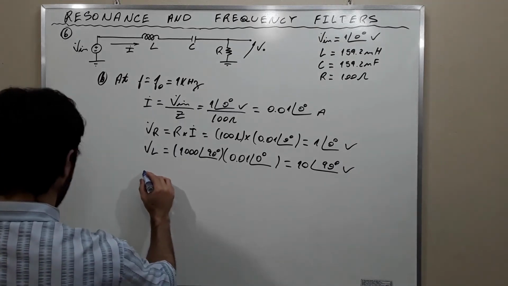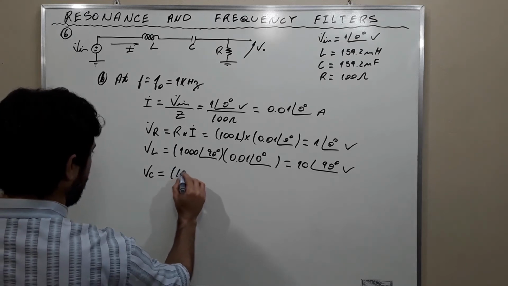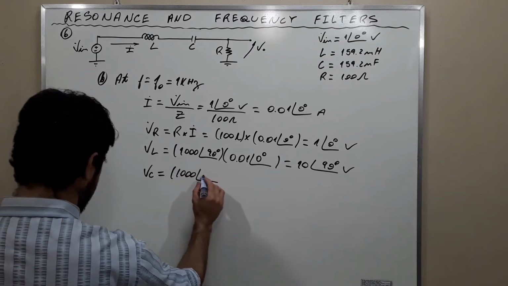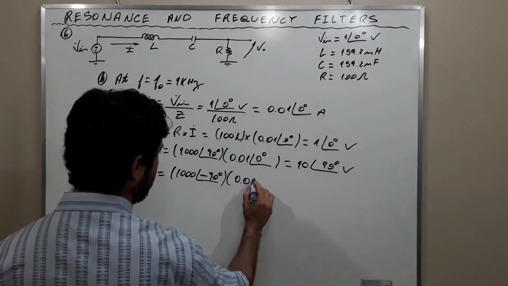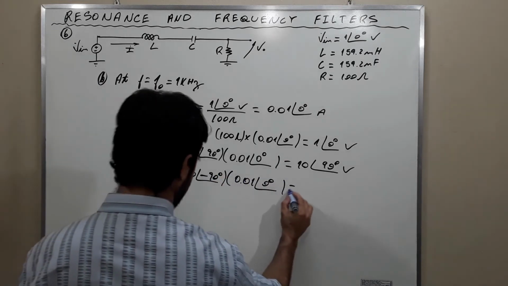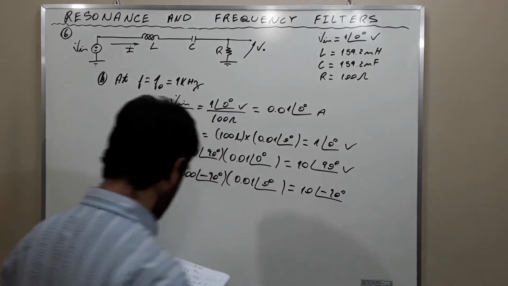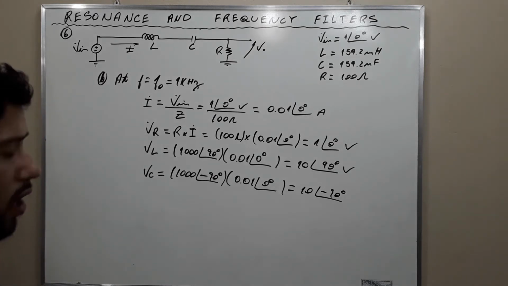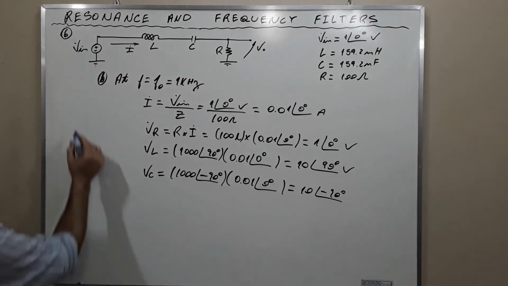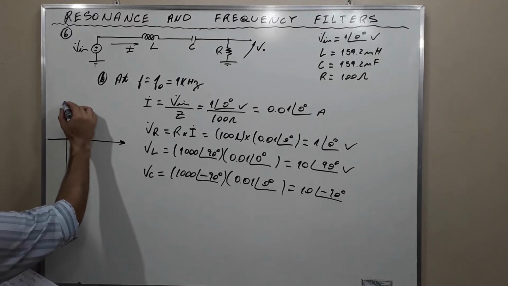And for the capacitor, it is 1000 phase negative 90 degrees times the current, and this is 10 phase negative 90 degrees. All right, now we have the values of the voltages, and we can chart them in this way here.